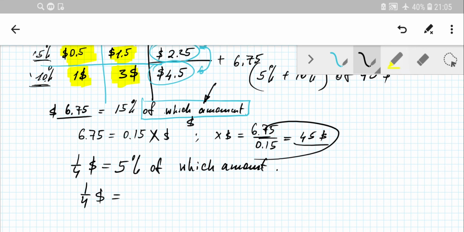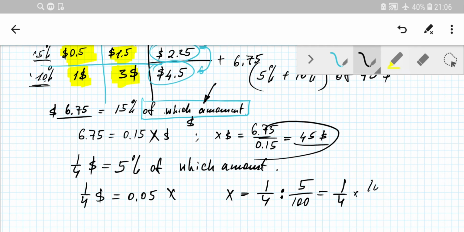Actually 5% is 0.05 of x, from where you can figure out x is simply 1/4 divided by 0.05. But 0.05 I just write as 5/100, and then I simply use the division rule for fractions: I swap and flip the second fraction and multiply instead.